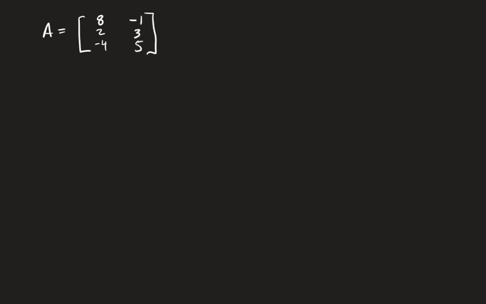So in this case, we have a matrix that is going to be 3 rows and 2 columns. So this is going to be a 3 by 2. Again, 3 rows, 2 columns. And let's say matrix B is equal to 1, -1, 1, 6, -5, and 10.